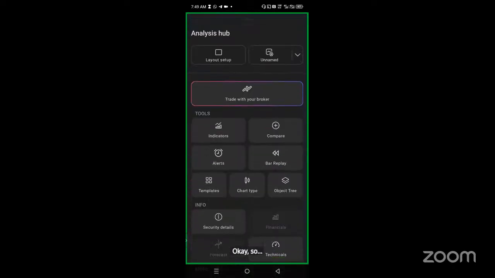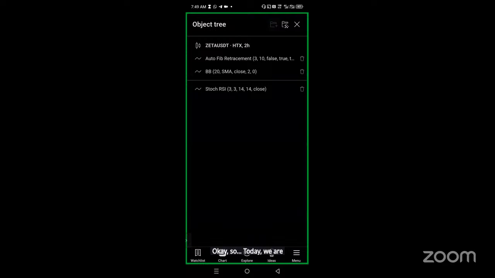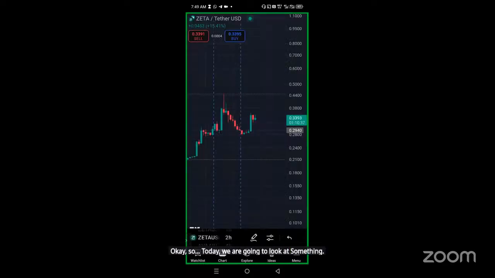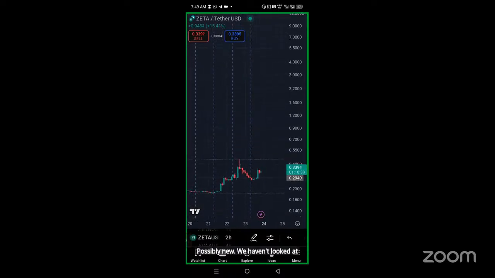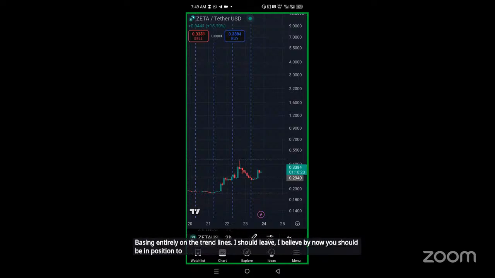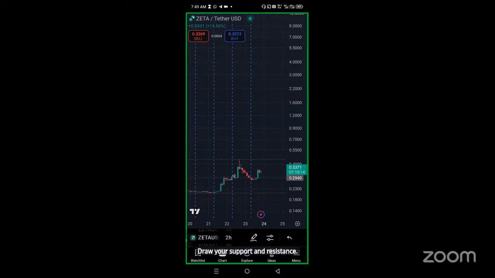Today we are going to look at something possibly new. Having built a foundation on price action, basing entirely on the trend lines, I believe by now you should be in position to at least effectively draw your support and resistance in whichever direction of the market you would wish.